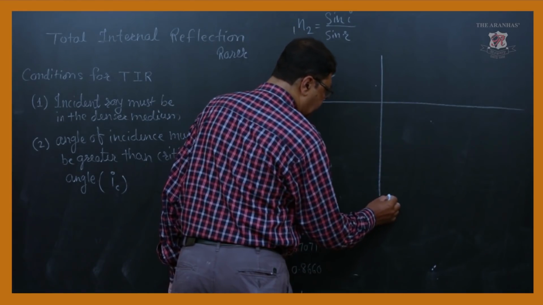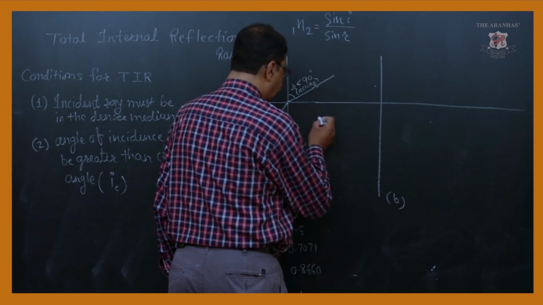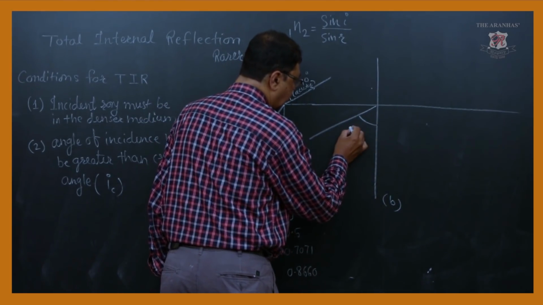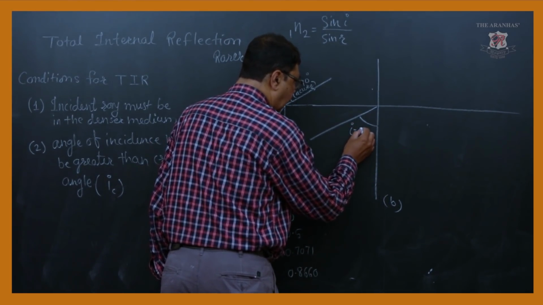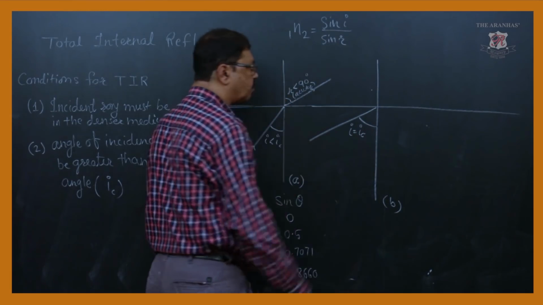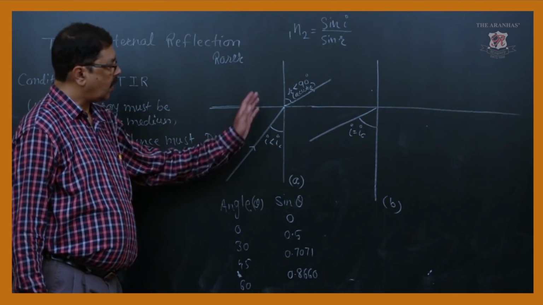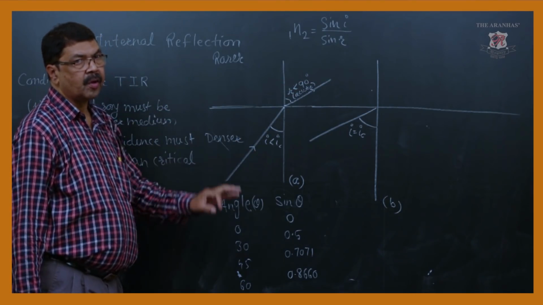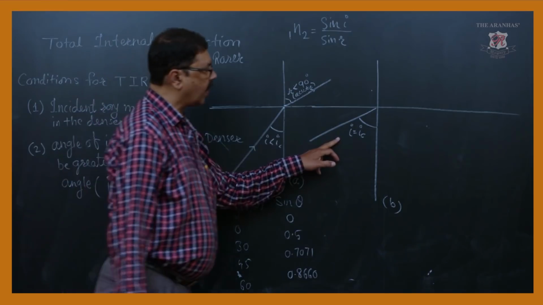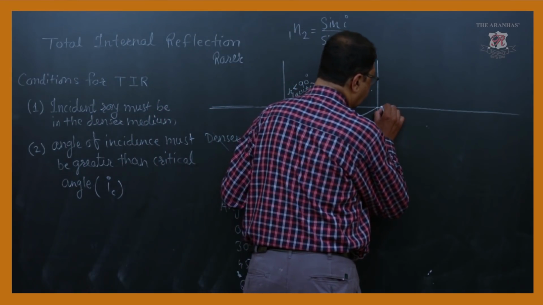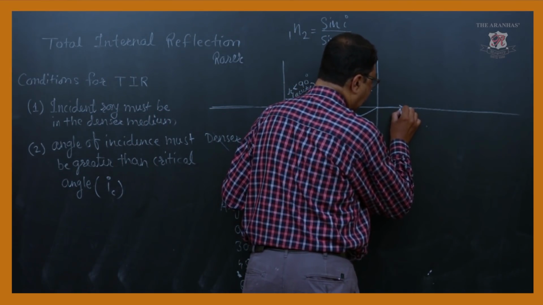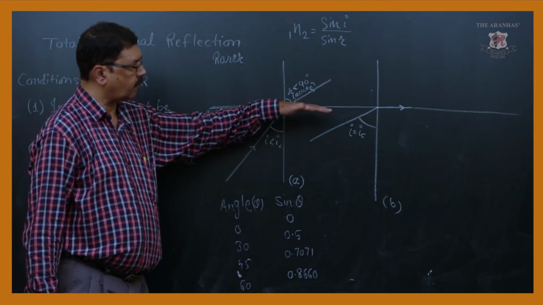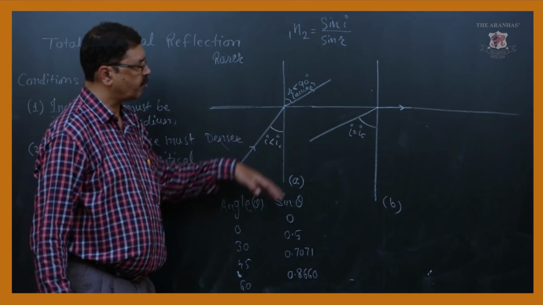Refer to diagram B. I increase the angle of incidence. I am labeling it as now I equal to IC. If I increase angle of incidence, angle of refraction is also going to increase. For a particular value of angle of incidence, the refracted ray travels along the surface between the two media.